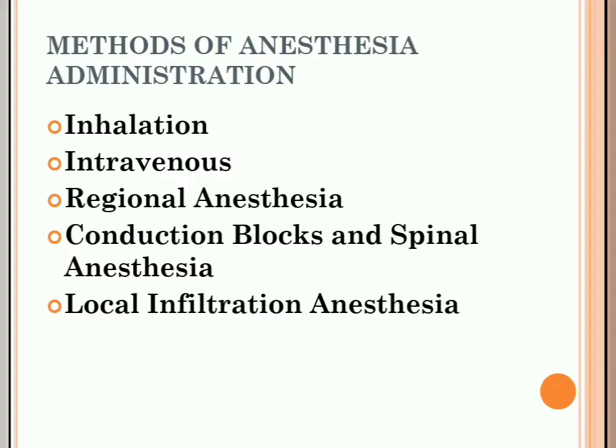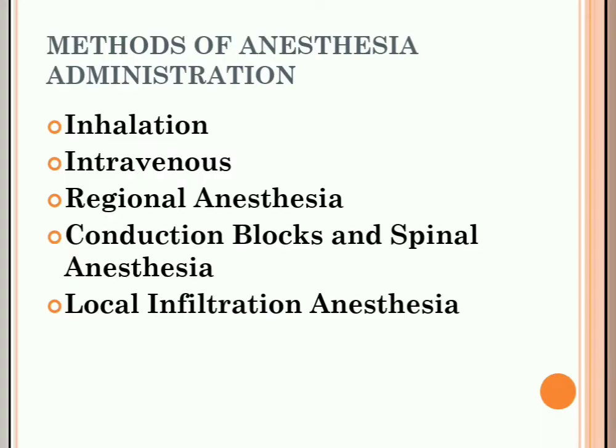First is GA by mask, or general anesthesia by mask. We also have GA by LMA, or general anesthesia by laryngeal mask airway. Now, if we are to use the laryngeal mask, it is a flexible tube with an inflatable silicone ring and a cuff that can be inserted into the larynx. Then we also have GETA, general endotracheal anesthesia.